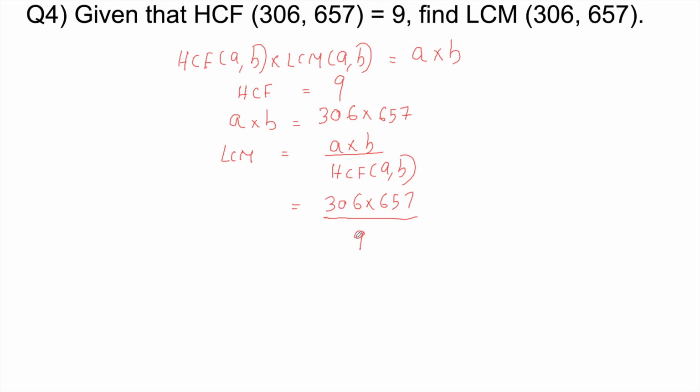Okay, so we can reduce this number and we are getting 34 here. 34 into 657 after multiplication will get 22,338. Okay, so this is the answer. LCM is 22,338.